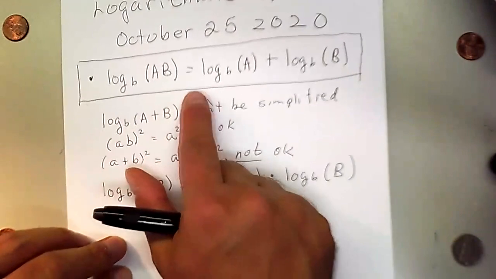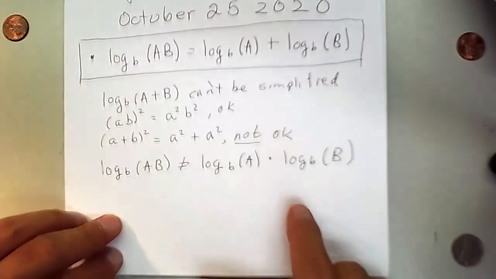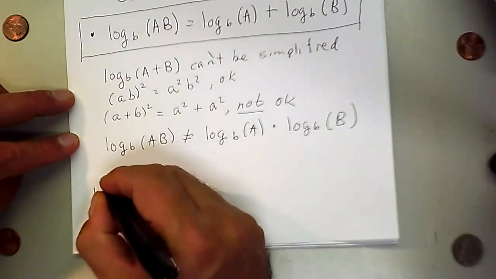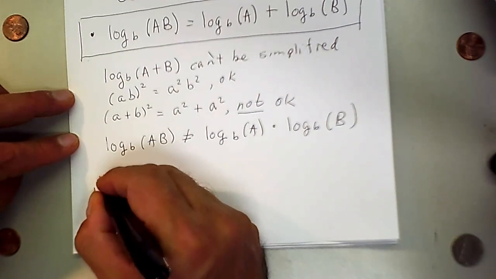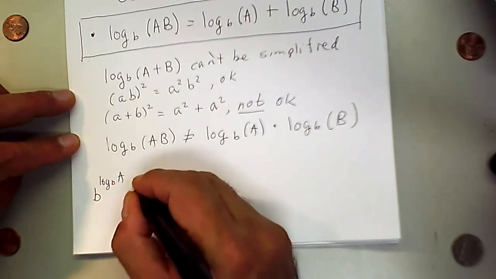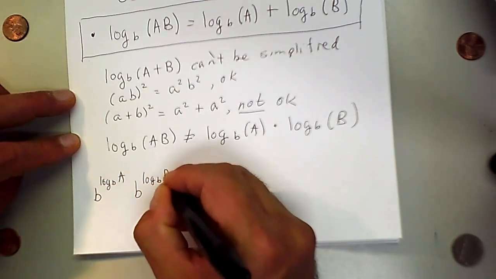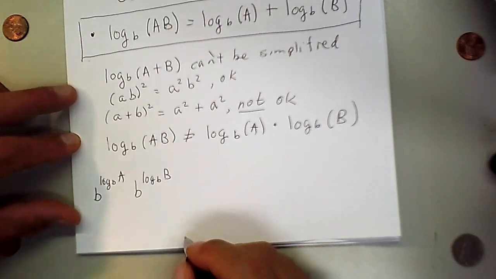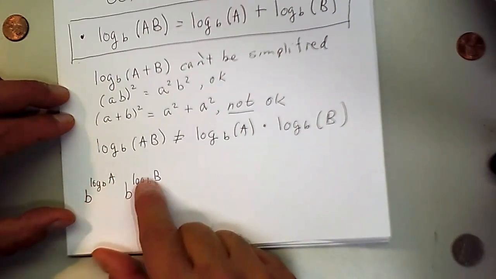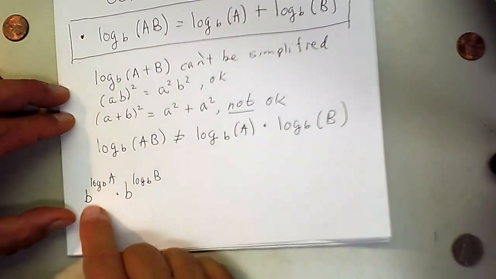Let me give a short explanation of how this formula comes about. If you have b to the logarithm in base b of a, multiplied by, again, b to the logarithm base b of b, there are two ways to think of this. On one hand, the logarithms cancel off, since exponents go before multiplication.